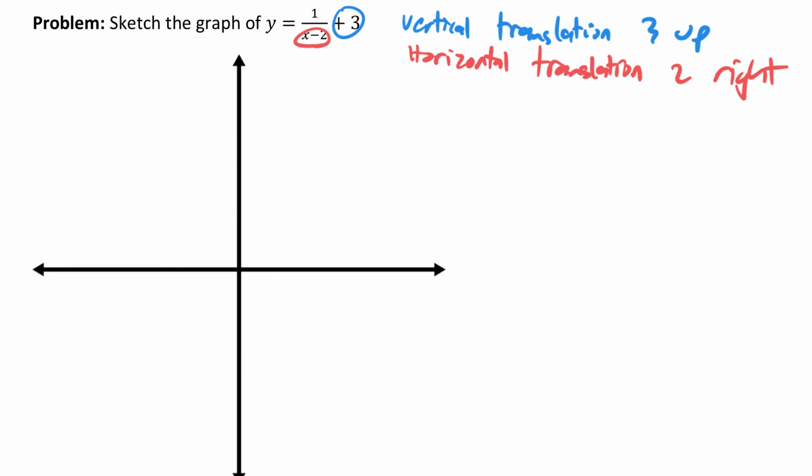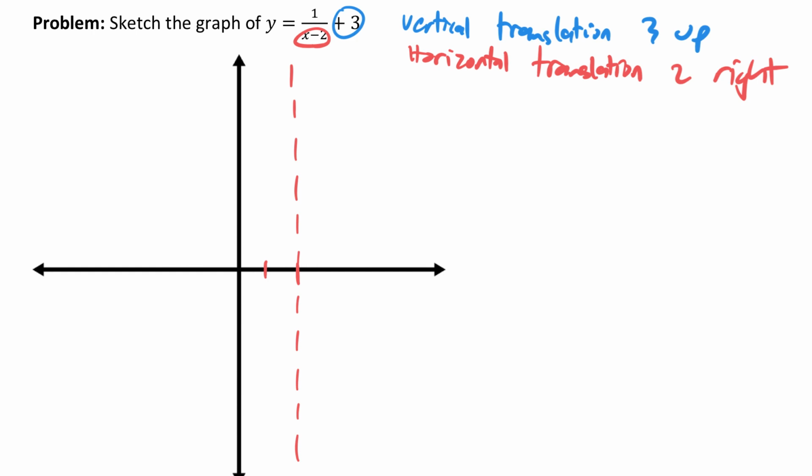Now, we could grab the original points and then do these transformations to them, but I think it's a little tricky to memorize all those points, especially with the fractions. So what I'm going to do is imagine translating the asymptotes. And from there, I'm going to grab some points. If we do a horizontal translation of 2 to the right, that means the asymptote is going to move over 2 to the right.